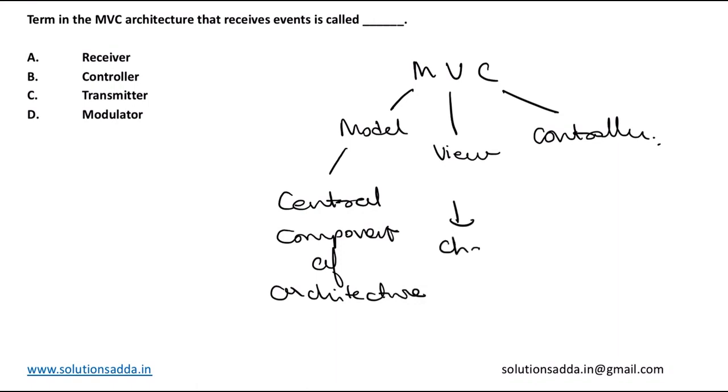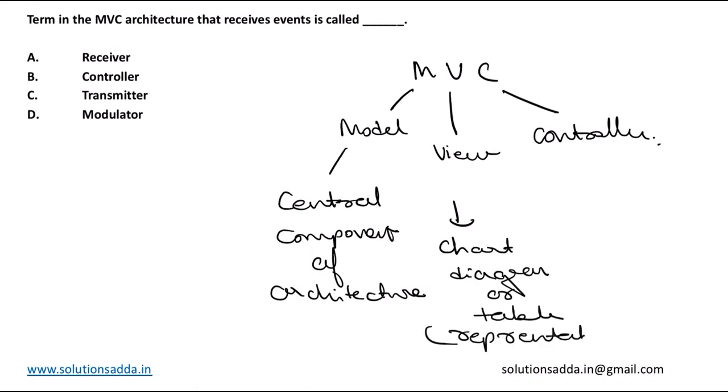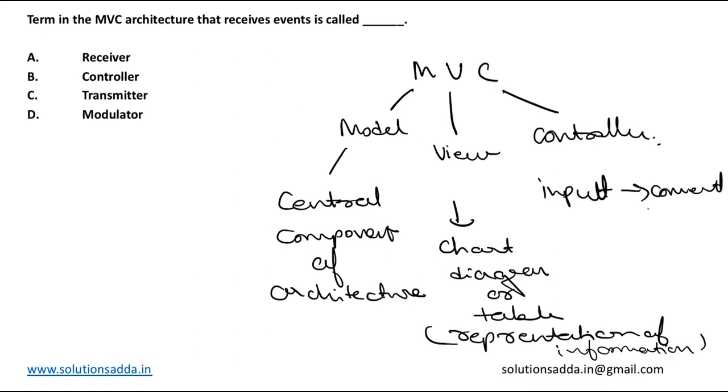View is any chart or diagram or table, i.e. representable information. And what is controller? It accepts input and converts it to commands. Therefore, the correct answer for this question is option B, controller.